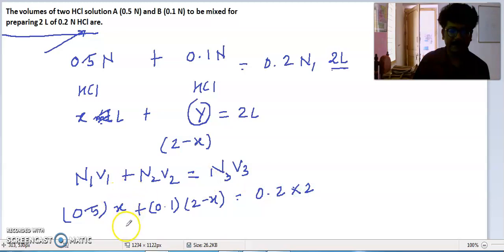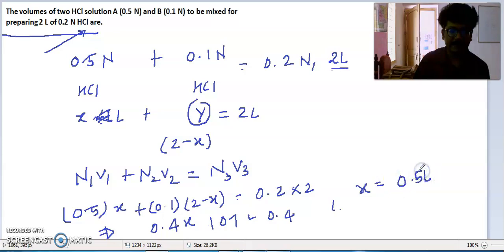So when I simplify this, I get 0.5x and 0.1x minus, that means 0.4x plus 0.1 is equal to 0.4. And when I simplify this, I get x is equal to 0.5.